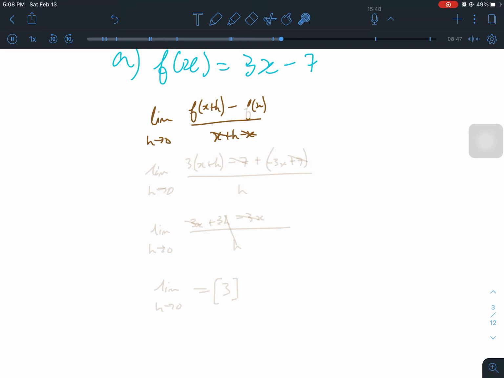The x's cancel out. Limit of h approaches 0, 3 of x plus h. We're just substituting the x plus h for the x value, right? Minus 7 minus 3x minus 7 over h.